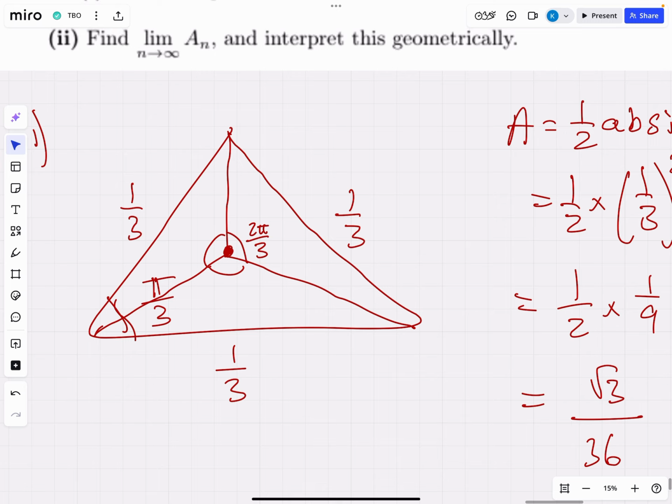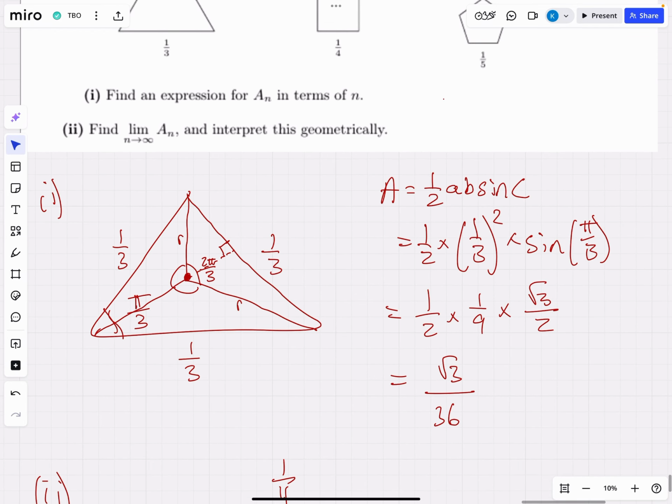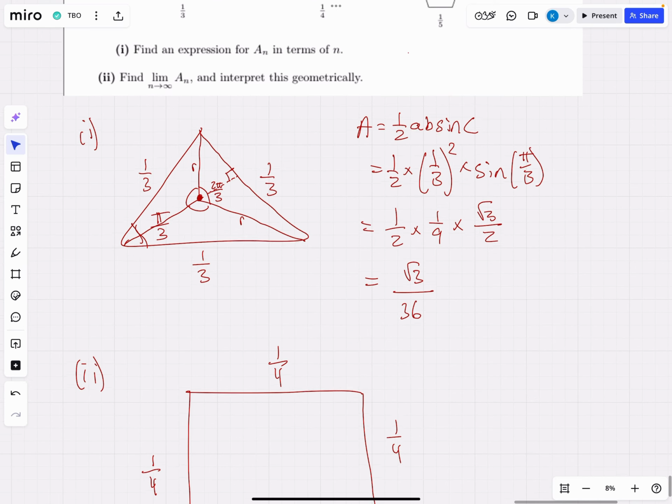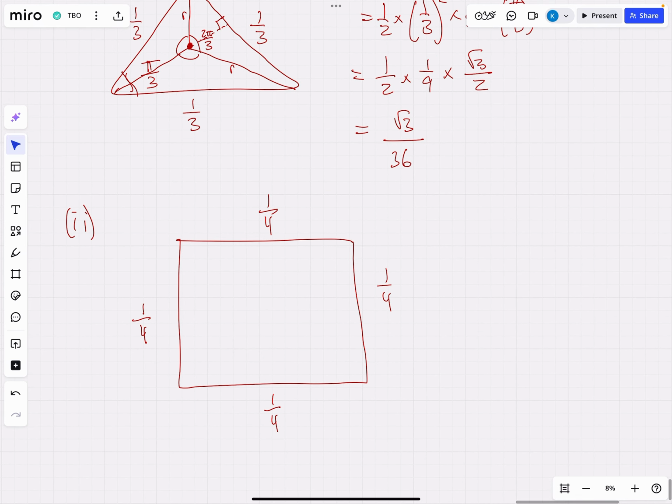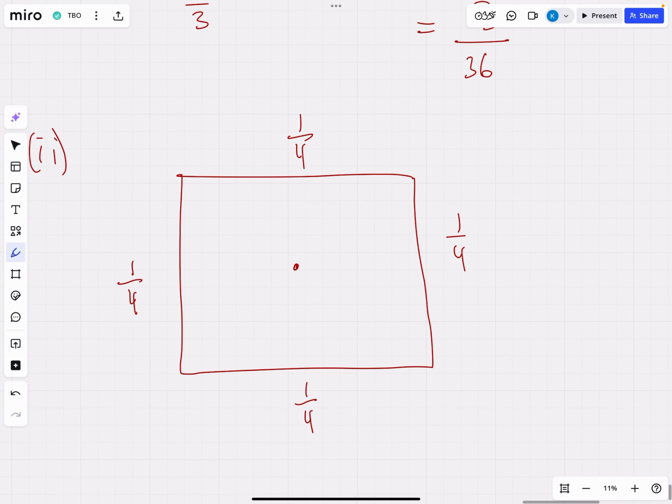And then I could have found these lengths here, let's call them r, if I knew the perpendicular distance from any two sides, right? Any two edges. And so I can use a similar idea here. So if I consider the center of my square, and I draw some lines here, then I have the midpoint.